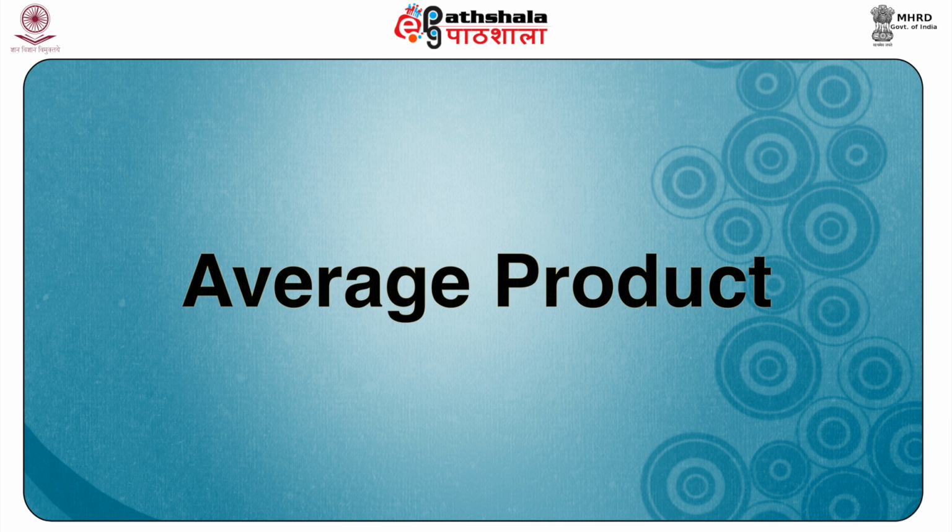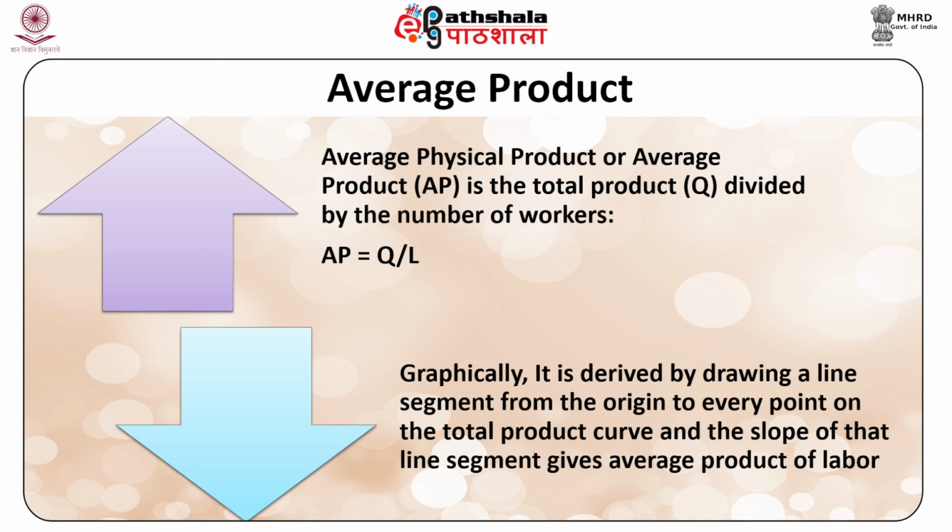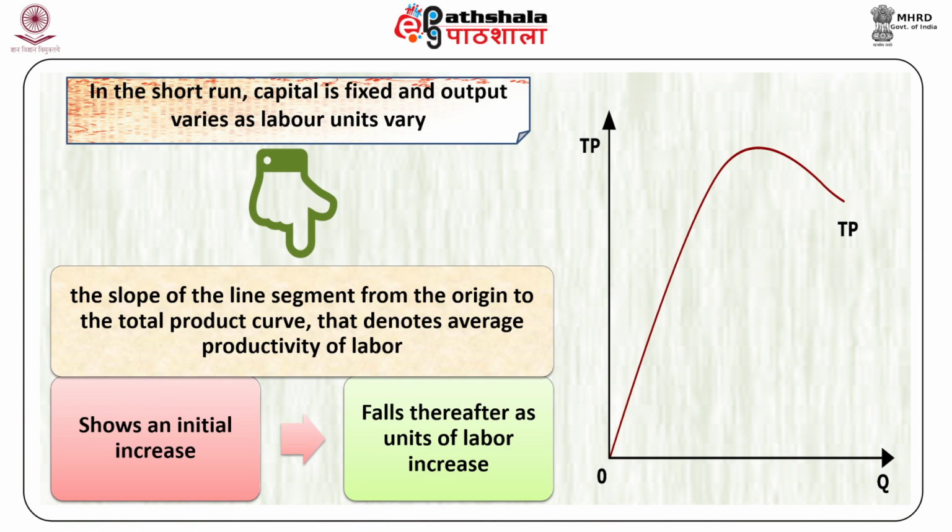Next is average product. Average physical product or average product AP is the total product Q divided by the number of workers. AP is equal to Q upon L. Graphically, it is derived by drawing a line segment from the origin to every point on the total product curve. The slope of that line segment gives average product of labor. Looking at figure 1, we observe that initially the curve is rising, becomes steeper, but eventually becomes flatter as units of labor employed increases.